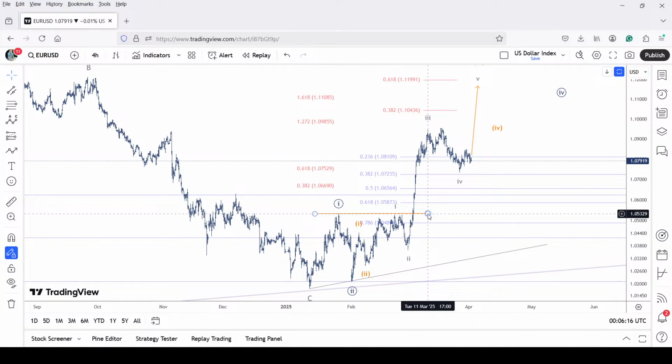We need to be below that wave 1 termination point, and the potential targets we could be pointing towards are 1.12 and 1.15 respectively. All right, so that is the story for euro. On the long side, please, with the stop loss around 1.05, with a potential target of around 1.15.